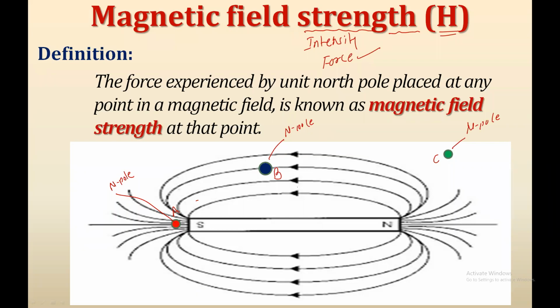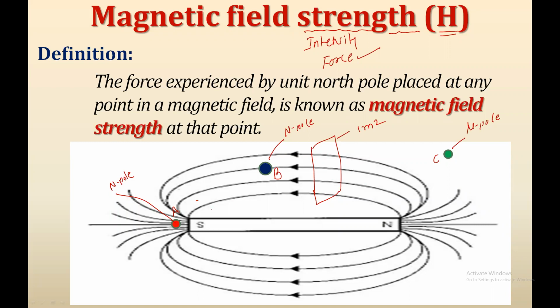Now, if we consider a plane having an area of cross section of 1 square meter, and this plane is perpendicular to the magnetic lines of force, then the number of magnetic lines of force passing through that plane is called the flux density.